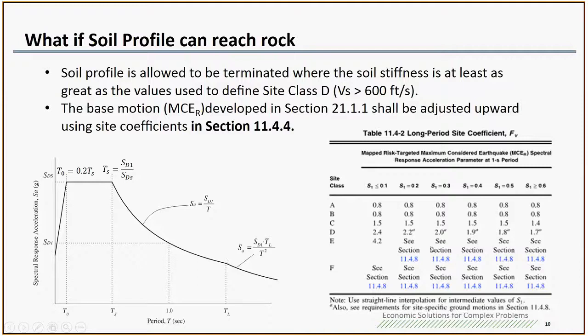So for me it's kind of a loophole. If you read this requirement, you need to do the site-specific ground motion analysis, and that's what we are trying to do right now.